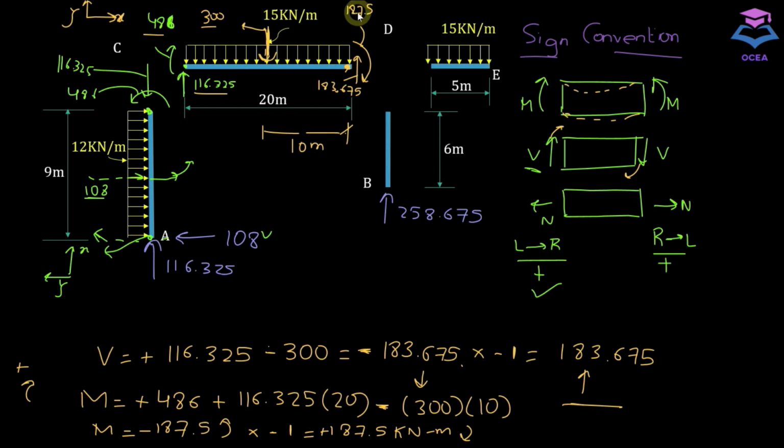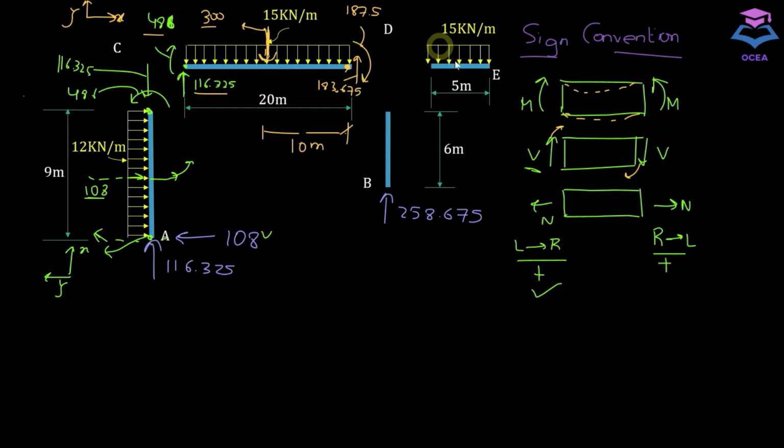187.5. If you have some overhanging part in the frame, just try to analyze it like a cantilever. So we have a cantilever here, and there's a load of 15 kilonewton per meter acting on it, and it has a span length of 5 meter.